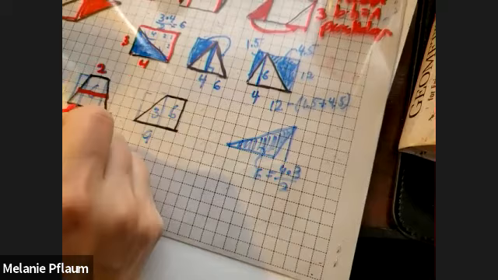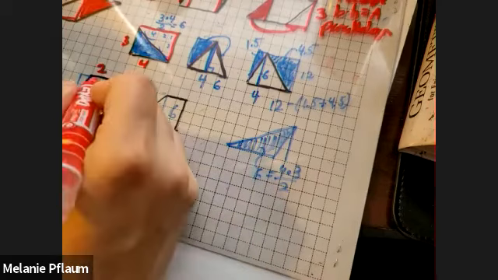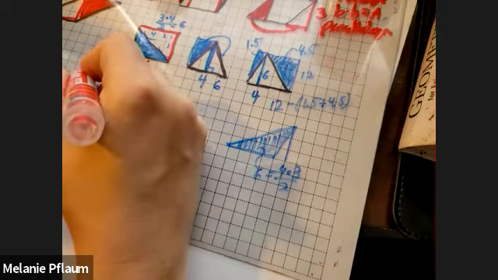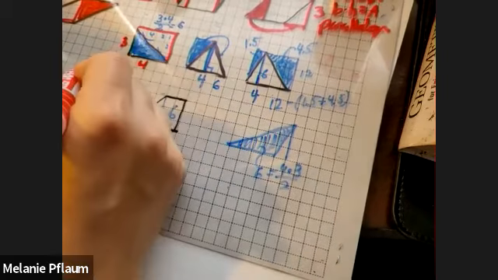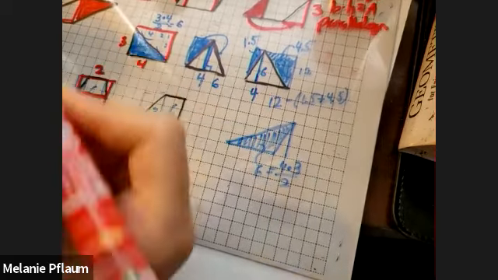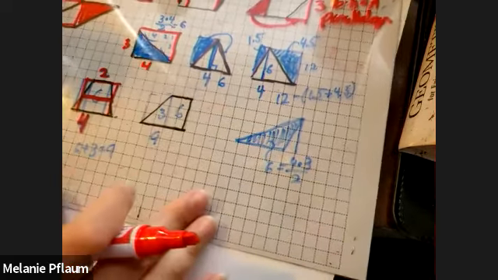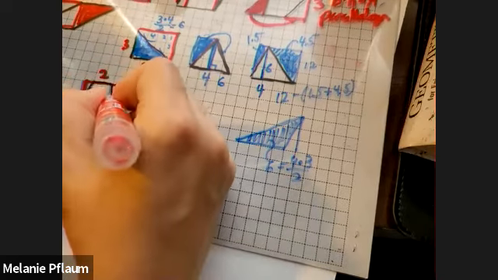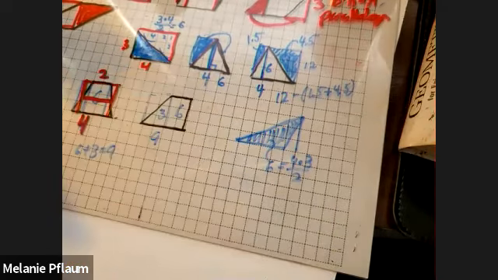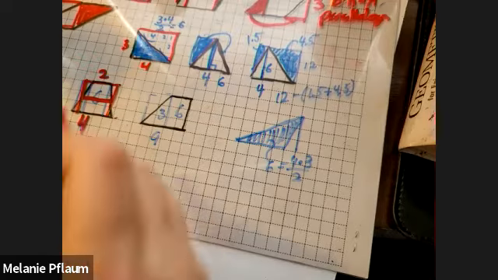What distance is halfway between 2 and 4? That's 3. I could draw a rectangle like that. So the area of that rectangle is going to be 3 times 3. The length of this side is the median, literally, of 2 and 4. And the height is 3.